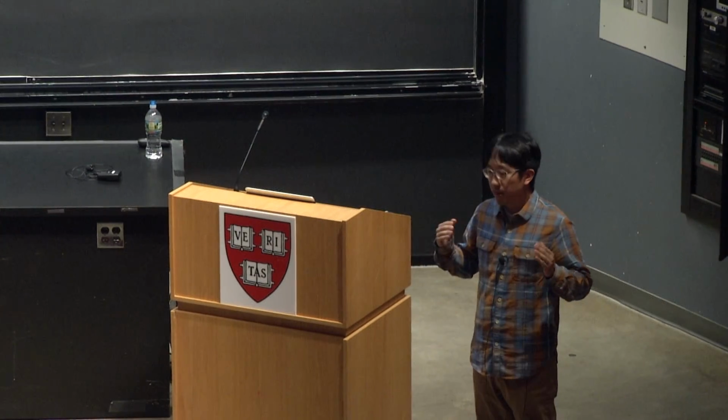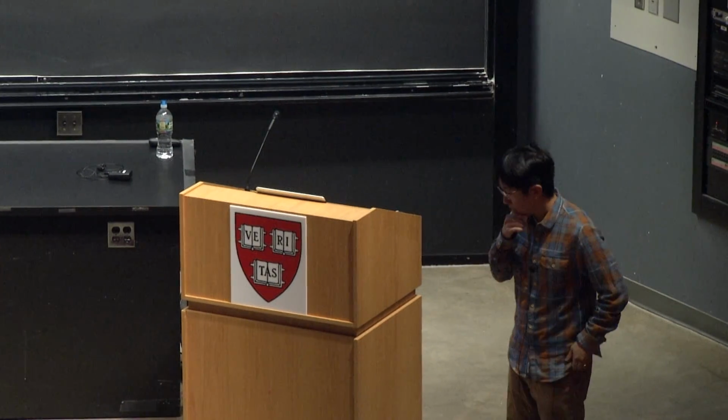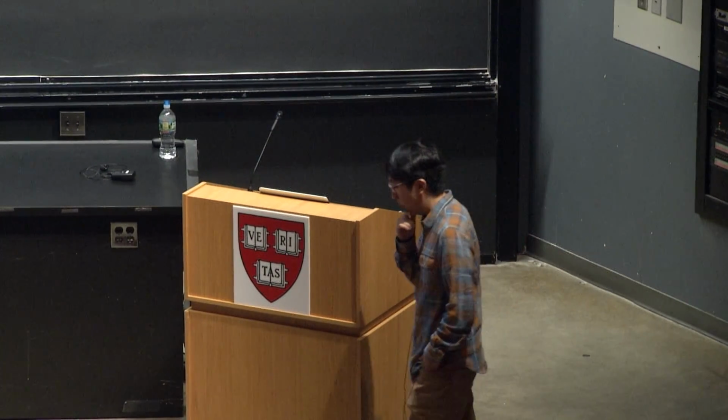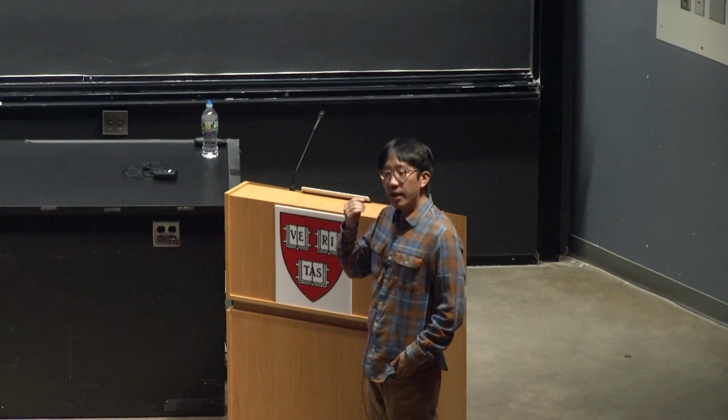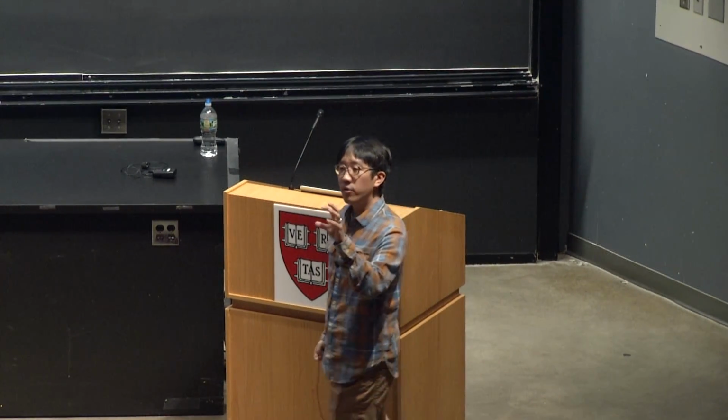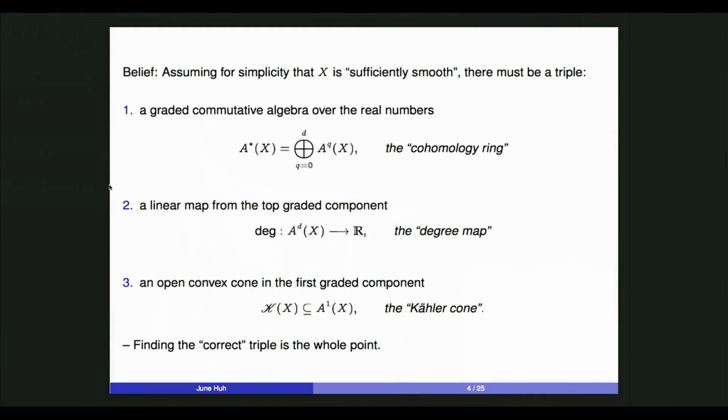So let me simplify the setup a little bit more. Not simplify, but give more structure to the general setup that I have introduced before. I was talking about this Poincaré duality pairing P and the Lefschetz operator L in quite a generality. But let's say my object X is sufficiently smooth, whatever that means.